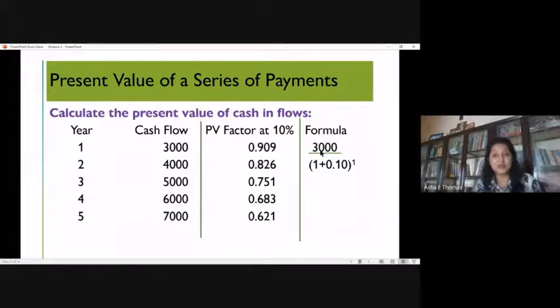Plus 4,000 by 1 plus 0.10 raised to 2, plus 5,000 by 1 plus 0.10 raised to 3, plus 6,000 by 1 plus 0.10 raised to 4. And the last one, 7,000 by 1 plus 0.10 raised to 5.